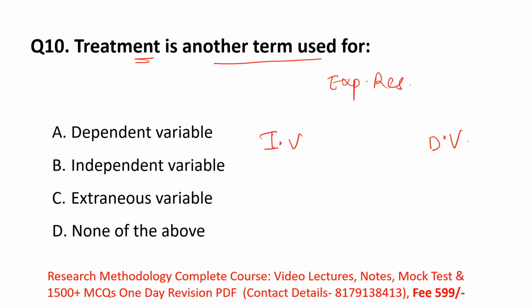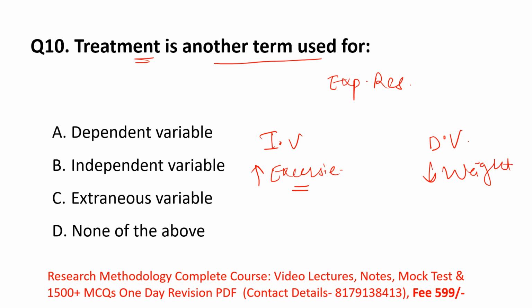Let's take a very easy example. If I am doing exercise daily, then what will happen to my weight? My weight will automatically start decreasing. It depends on how many hours I am doing exercise and what type of exercise I am doing daily.